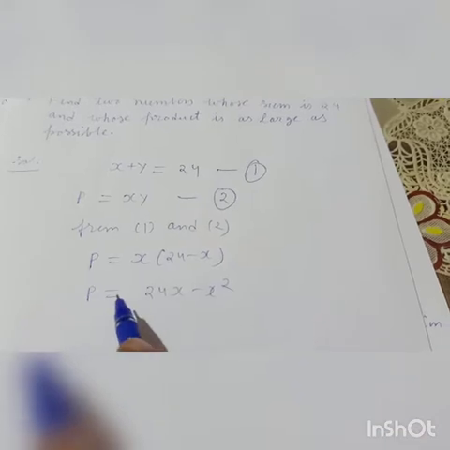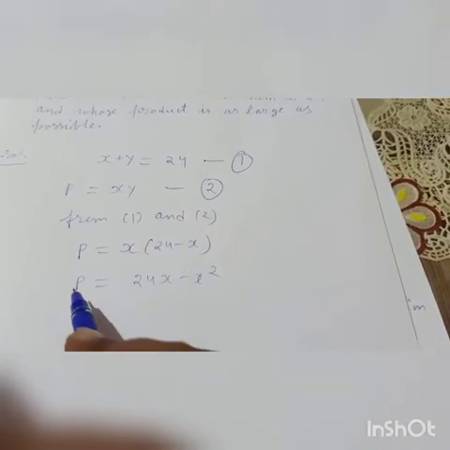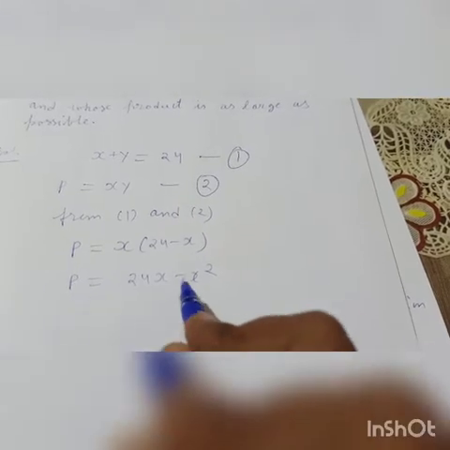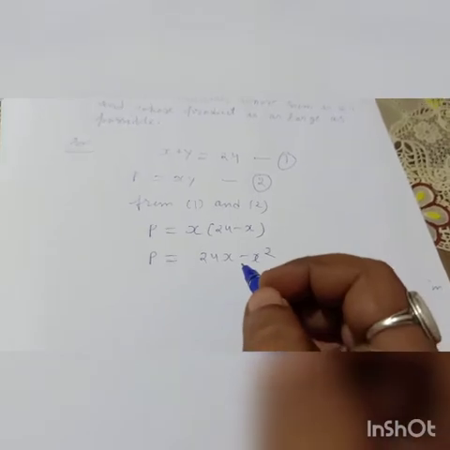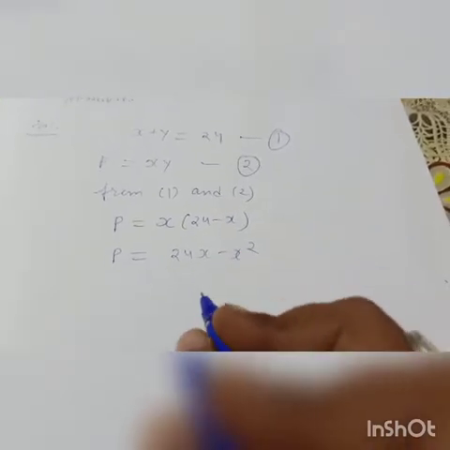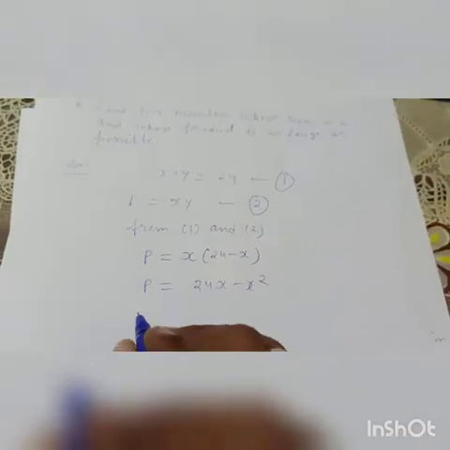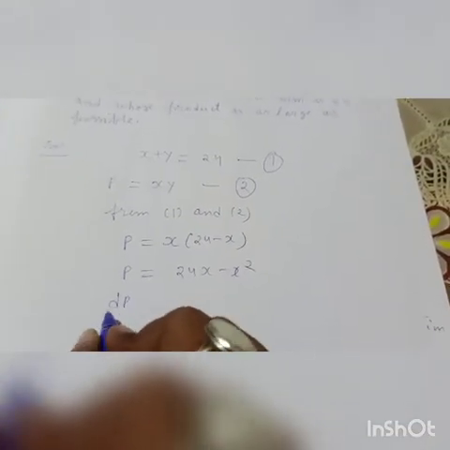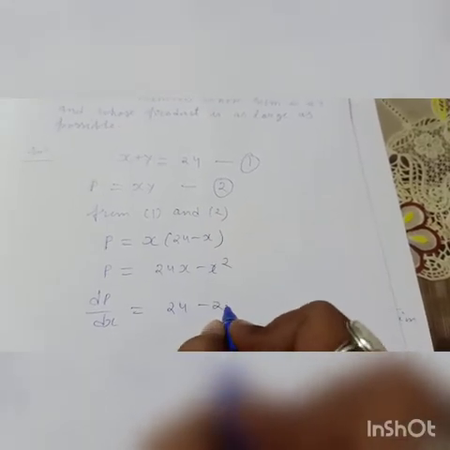Now you can see that this value of p is in only one variable, x. So this is our function, like y equal to f(x), with p in place of y. We will use the second derivative test to find the numbers when p is maximum. First find dp by dx, the first derivative, which is equal to 24 minus 2x.